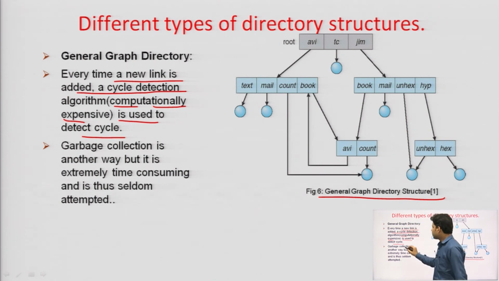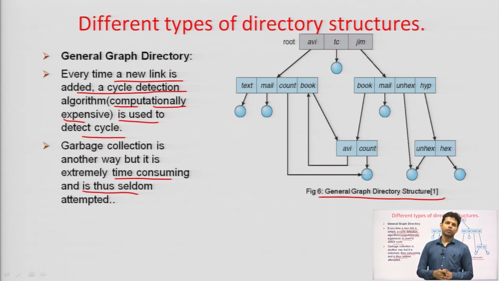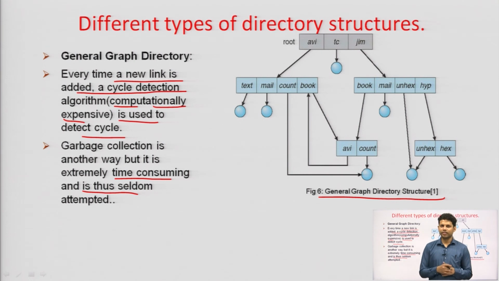Garbage collection is another way to detect the cycle, but it is extremely time consuming and is thus seldom attempted. So the general graph directory structure is used in very few operating systems because of its limitations.